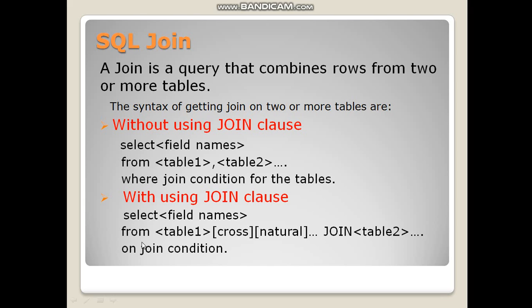If you write star, then all the fields from both tables will be included. From table 1 join table 2 on join conditions. Here I have not used the keyword where, I have used the keyword on. If we don't use the join clause, we use the keyword where, and if we use the join clause, we use the keyword on for giving the join condition.